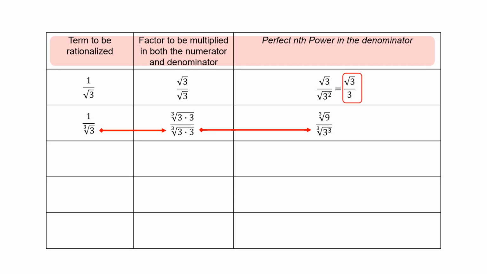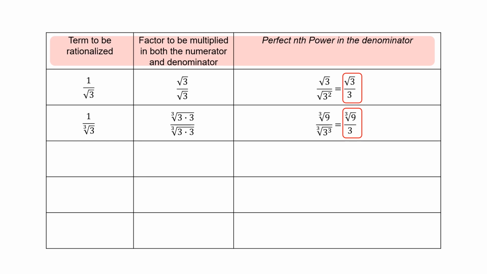At this point, alam naman natin sa denominator na kapag equal ang index at exponent ng radicand, pwede na natin itong makancel. So, simplifying this further, we have the cube root of 9 all over 3. And this is the term's simplest form kasi wala na tayong radical sa denominator.